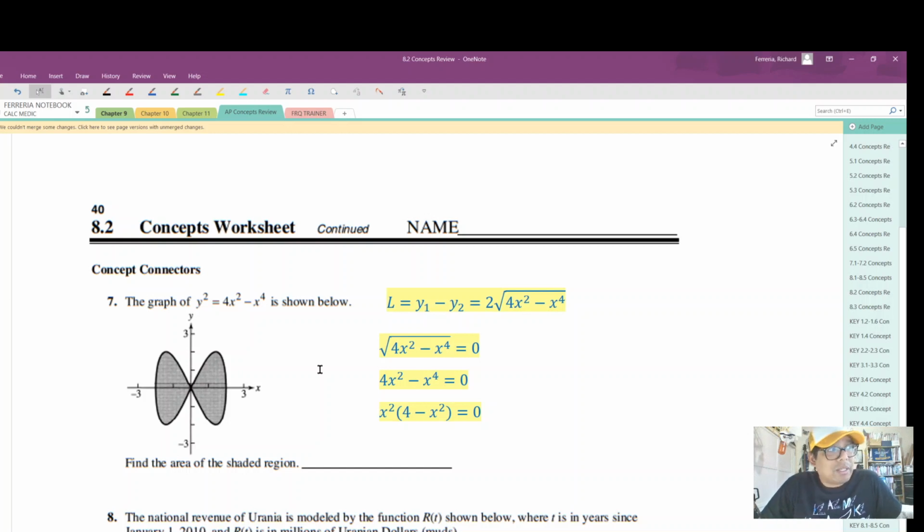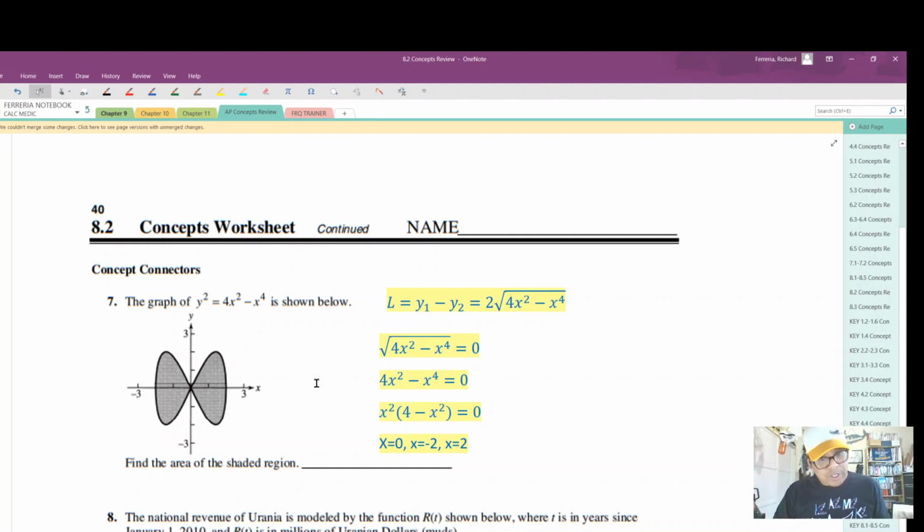I know you're in calculus, so your algebra, you should be able to look at that and say, hey, I have a root here when x squared equals 0, which is the same thing as saying when x is equal to 0. And I also have roots when x squared is equal to 4, and that would happen at positive and negative 2. So your roots are 0, negative 2, and positive 2.